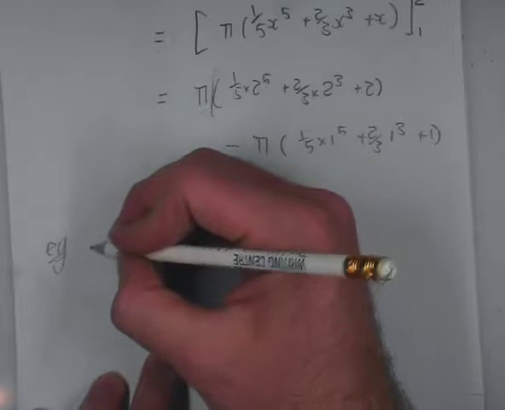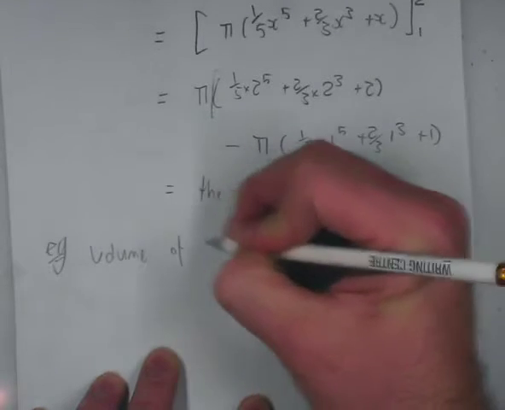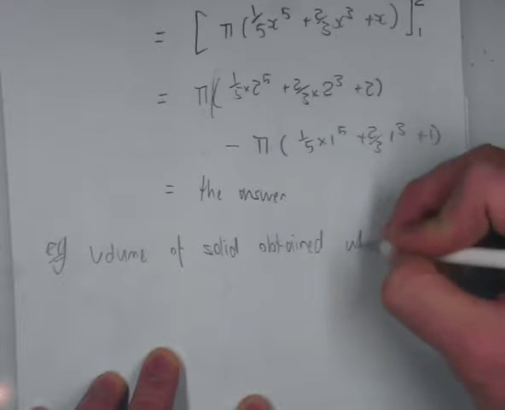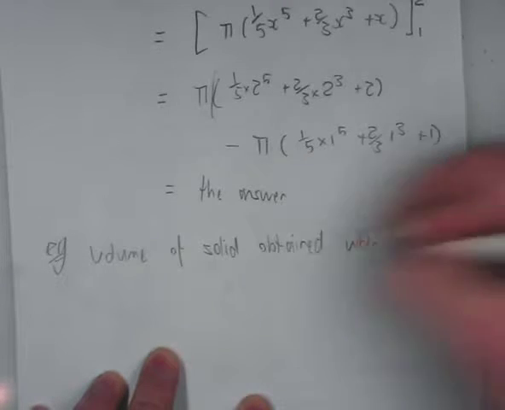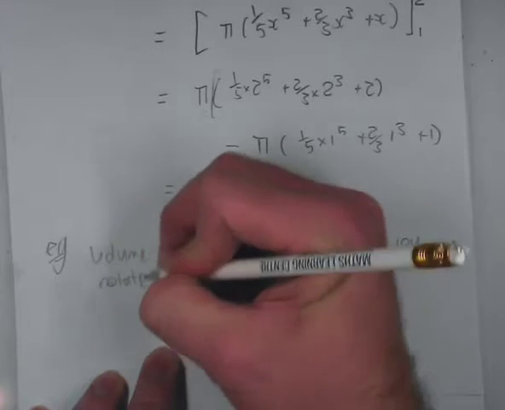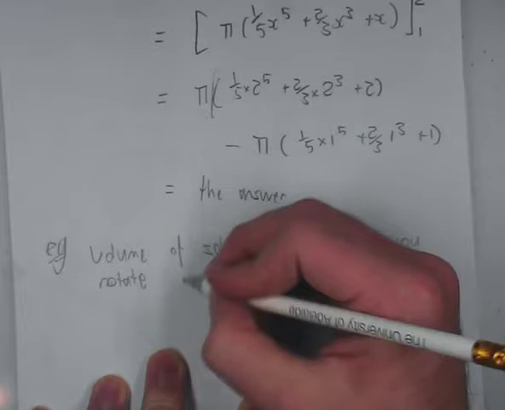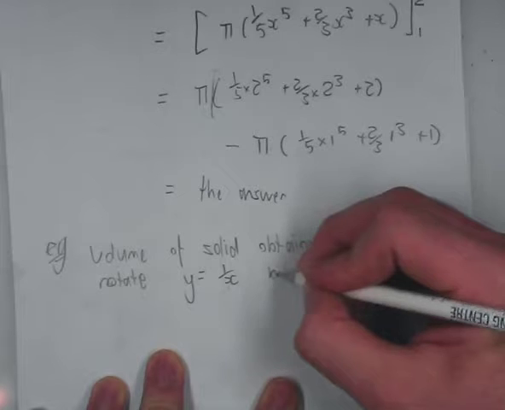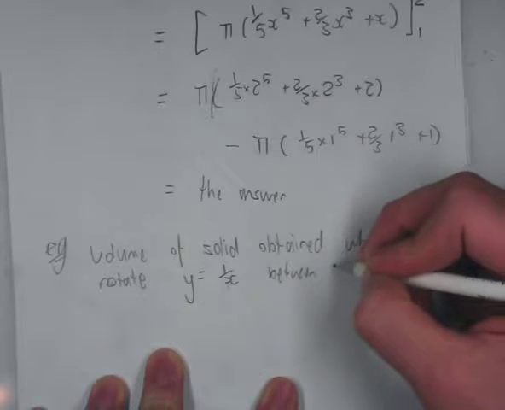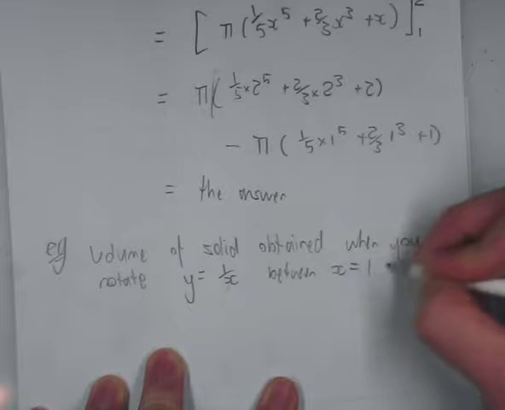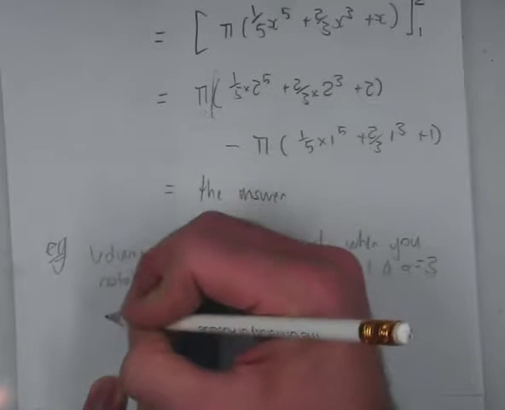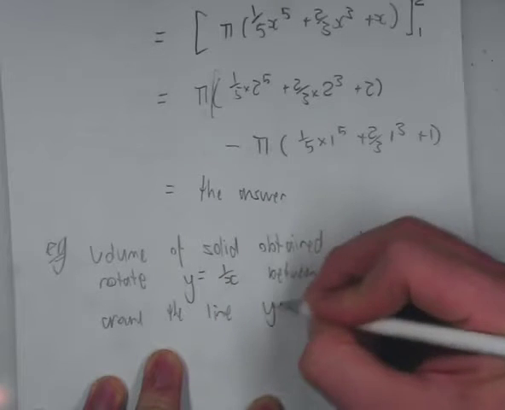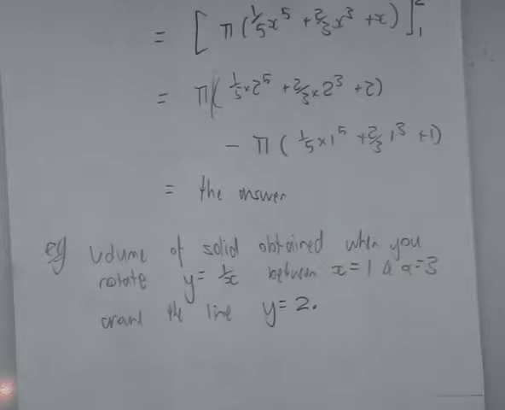Okay, so what if we, alright, let's see, we're going to rotate, I don't know, y equals 1 over x between x equals 1 and x equals 3 around the line y equals 2.